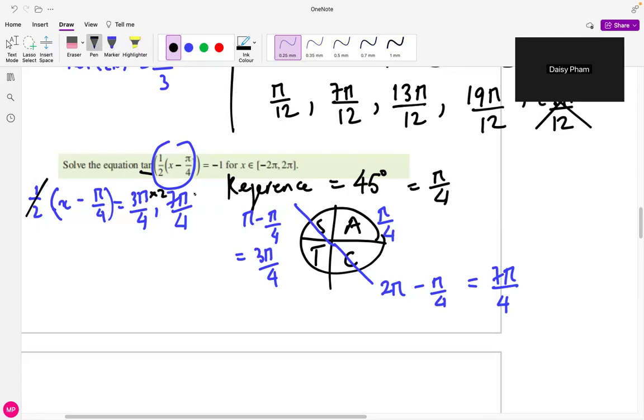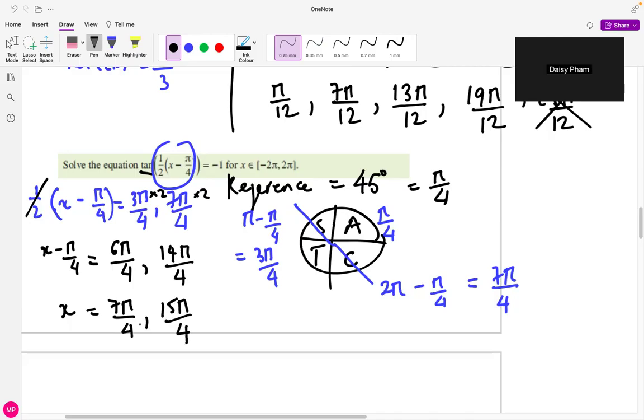So times 2, times 2. So we have x minus π/4 equals 3π times 2 is 6π/4 and 7π times 2 is 14π/4. Then we get rid of the minus π/4 by adding π/4 on the other side. So it's 6π plus π, 7π/4, and 15π/4. Now we have two solutions.